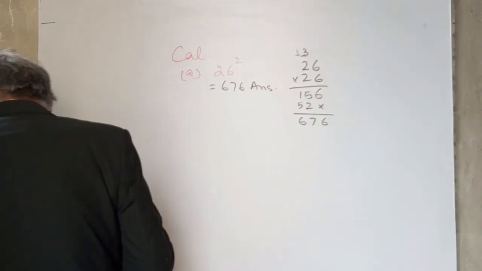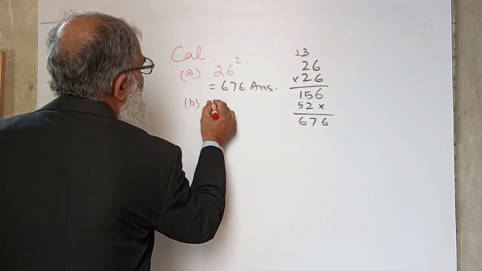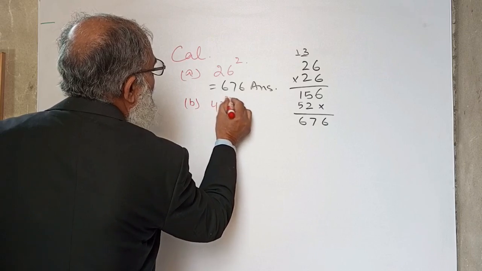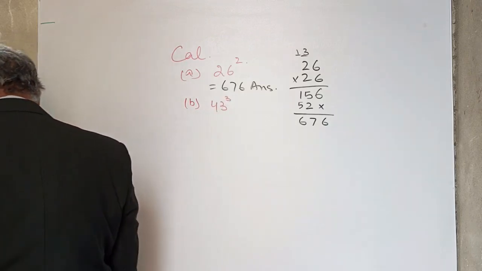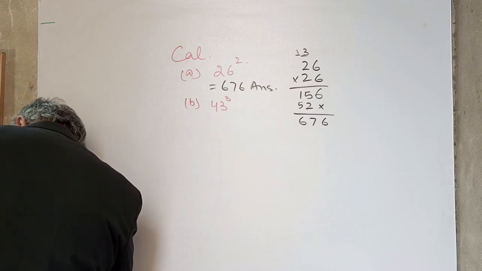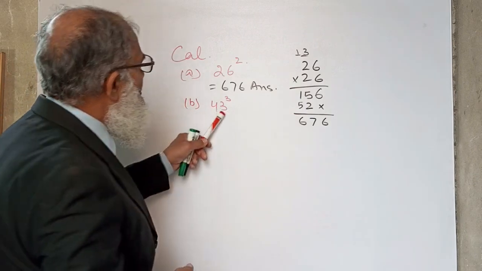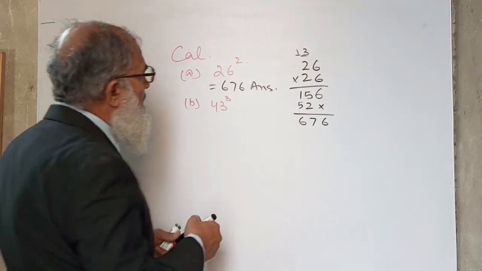Similarly, part B is 43 the whole cube. Now this may be a little lengthy question.